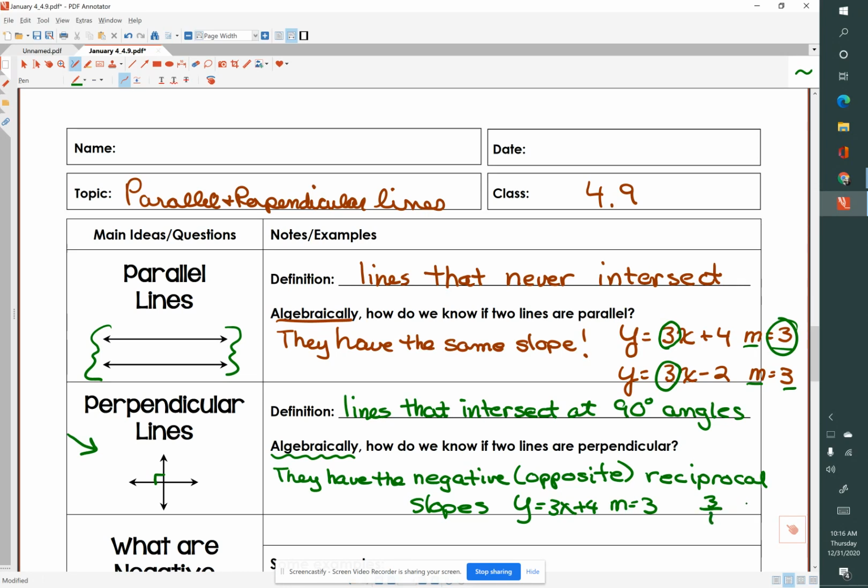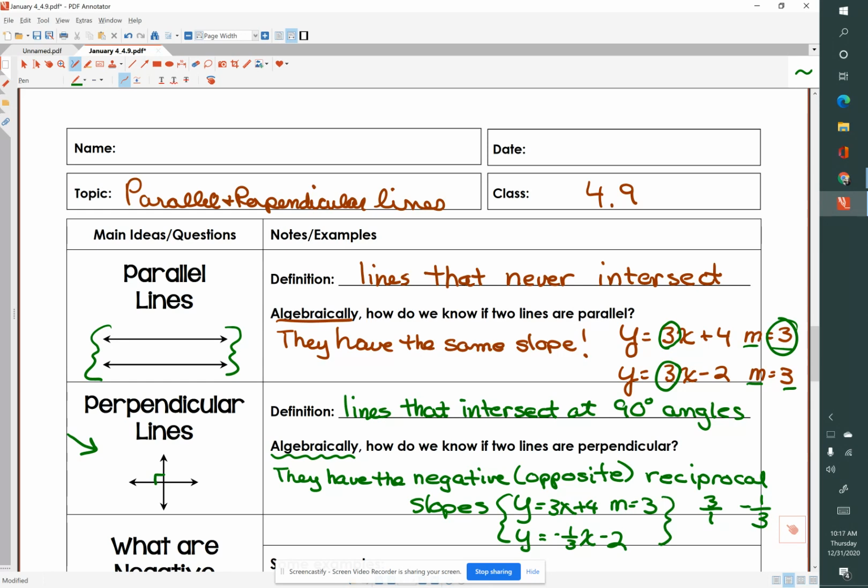So the negative reciprocal would be negative 1/3. So that would be y equals negative 1/3 x. I can give it any y-intercept I want. Let's do minus 2, like we did on the other one. So these two equations, this example right here, are perpendicular lines.